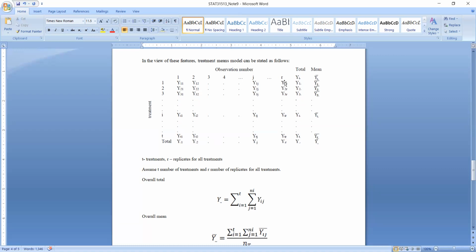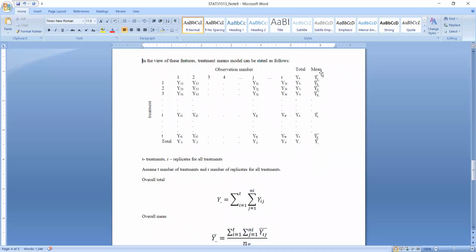The treatment is there, right? When you take the total of the second row, we are taking the total of the observations of the second treatment. So the total we can denote by Yi dot. That is Y1 dot, Y2 dot, Y3 dot, likewise the total.